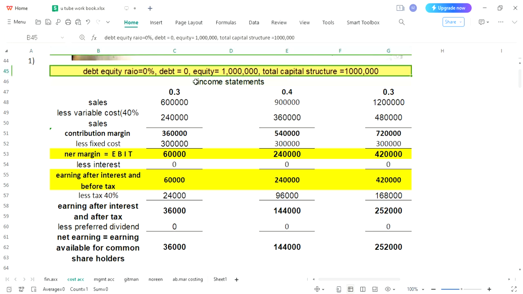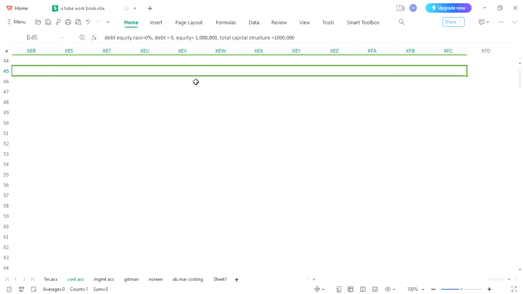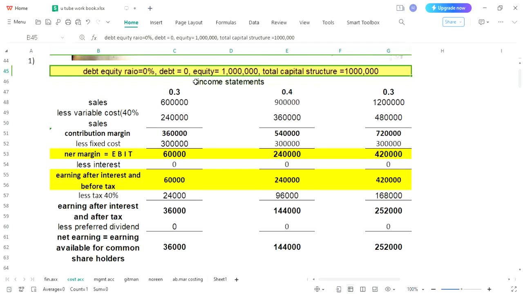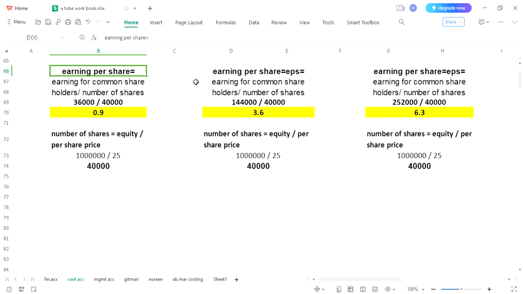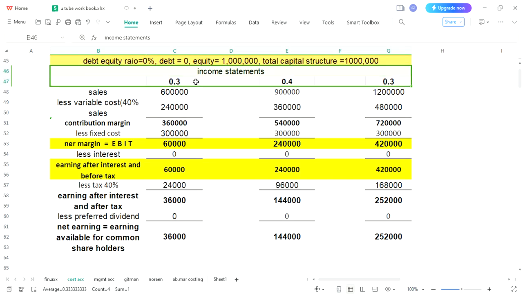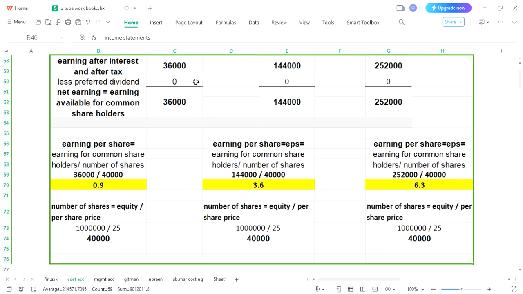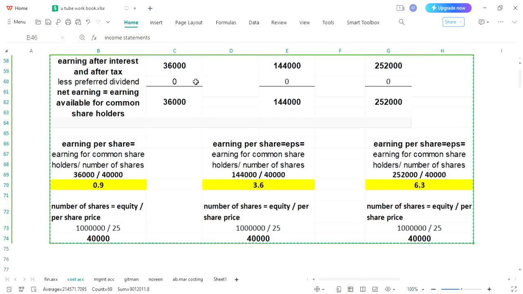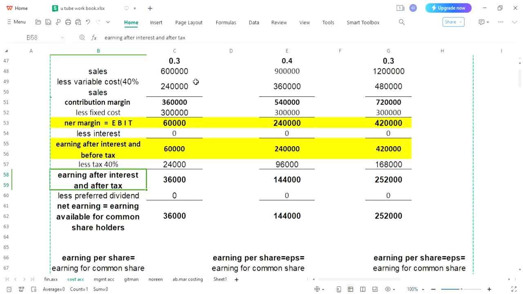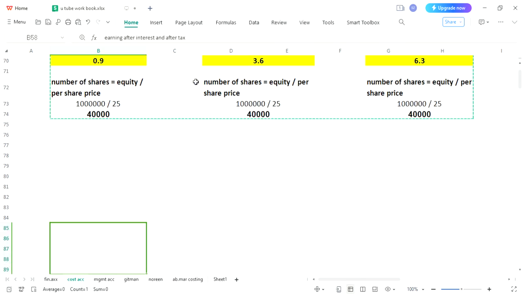For now, what you will do, I am using these headings for calculation of our second debt equity option, picking these headings just to save time.